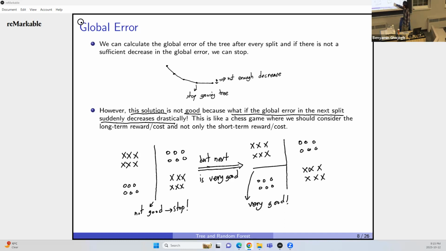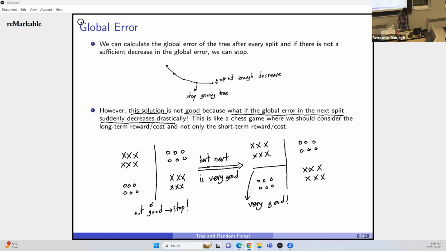An example is this. Consider this 2-dimensional space. I partition it once. It's not decreasing the error much. But if I stop there, I will harm myself. Why? The next split would decrease the error very well, right?